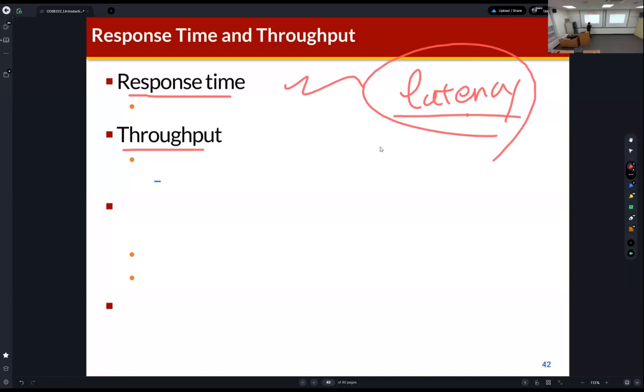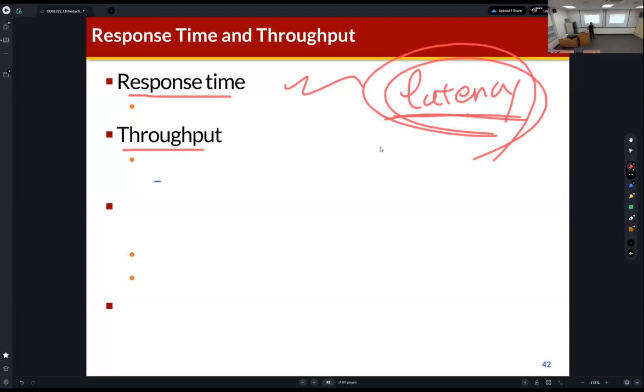We frequently say, oh, my smartphone is faster than yours. In order to compare faster or slower, we need to measure execution time. So actually it's the response time, and in other words, it is called latency. Okay? Actually the definition is the same.